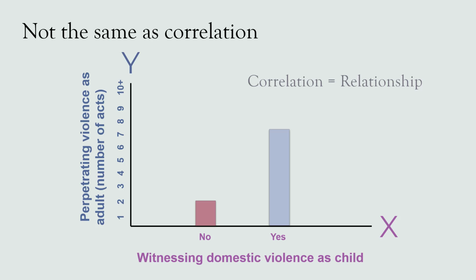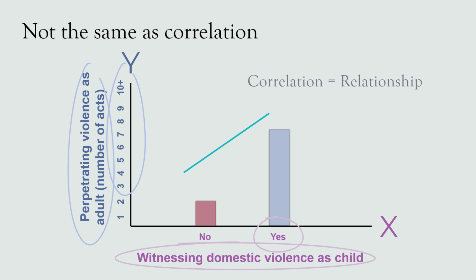If we just look at these data, we draw our little line, and there seems to be a positive relationship. If you witness domestic violence, you are more likely to perpetrate violence. Remember, I'm making this up, although this is likely true.